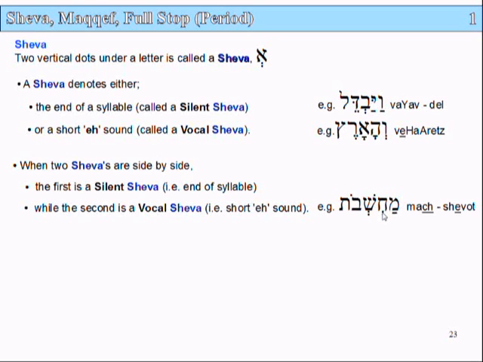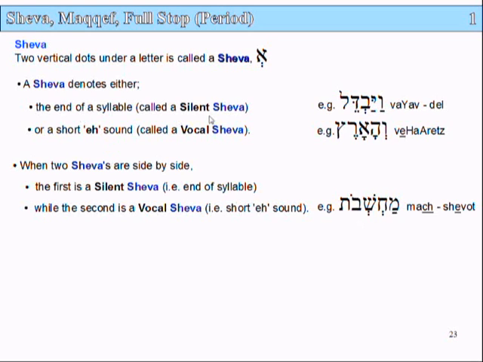The first Sheva is saying it's the end of the syllable, and the next Sheva is saying it's the beginning of a new syllable with a short sound.